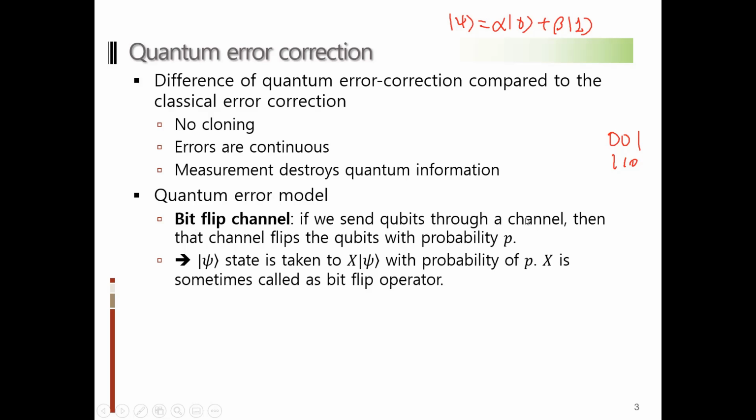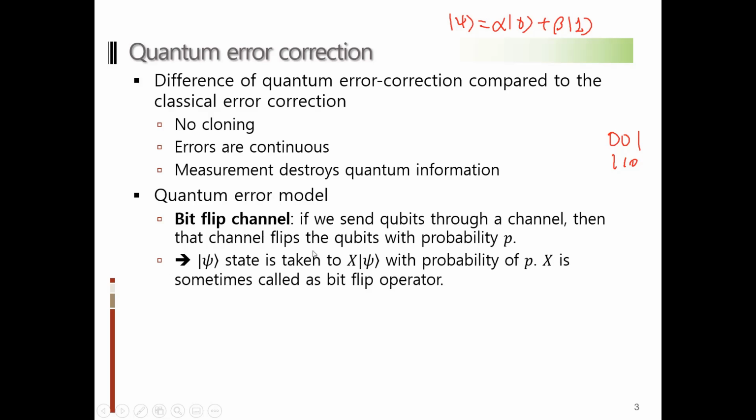If we send a qubit through a channel, then this channel might flip the qubit value with probability p. That corresponds to applying the X operator to the given quantum state, and occasionally this X operator is called the bit flip operator.